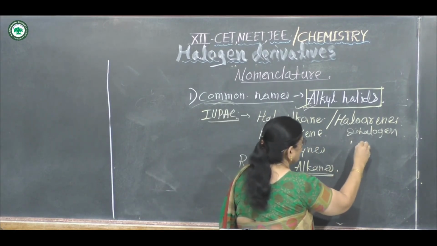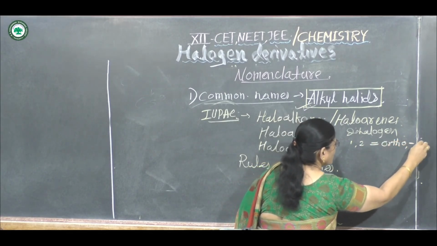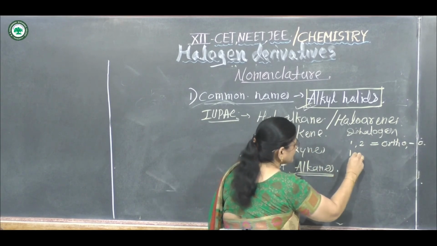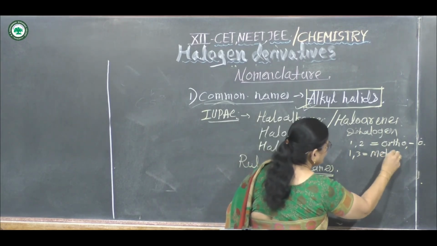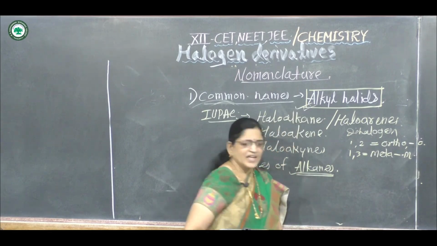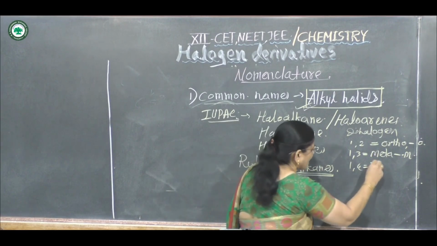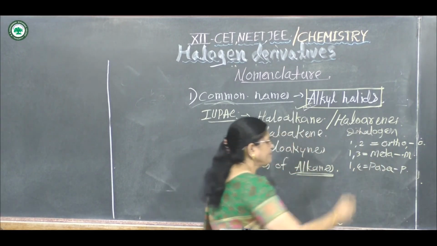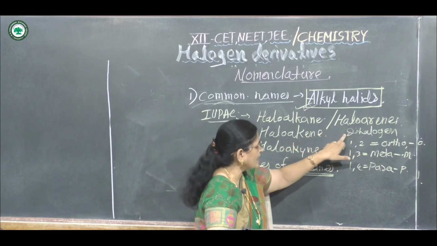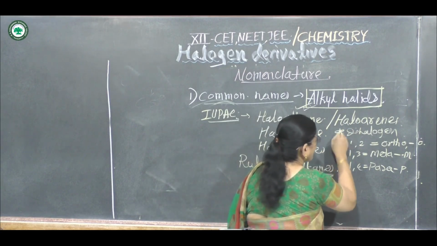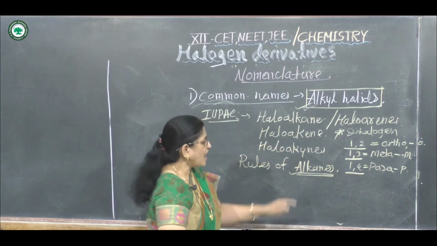Suppose at the 1,2 position, write the prefix ortho or simply O. Then if substituents are at the 1,3 position, write the prefix meta or simply M. And if substituents are at the 1,4 position, write the prefix para, that is P. In this way, in dihalogen compounds, write the numbers 1,2, 1,3 and 1,4 in the IUPAC system.